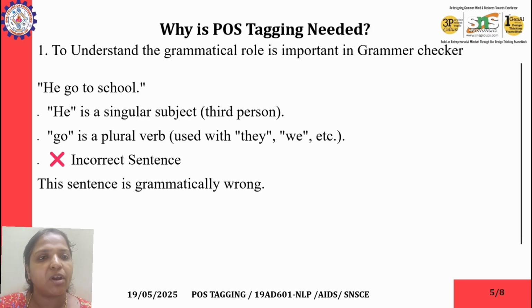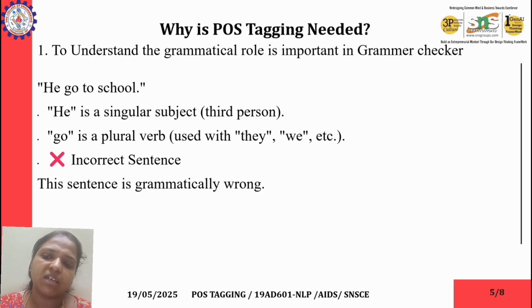Similarly, when you try to understand a sentence, you must know which word plays an important role. So understanding the grammatical role of a word in the sentence is the second purpose of POS tagging.